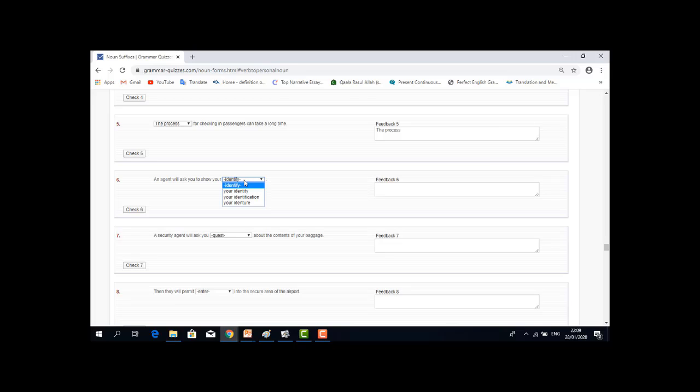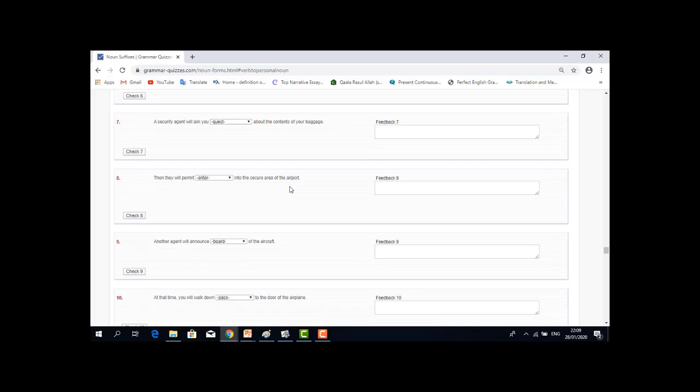Your identity or your identification or your indenture. Read the sentence first. An agent will ask you to show your identification. Your choice was the second, your identification, and a true answer.